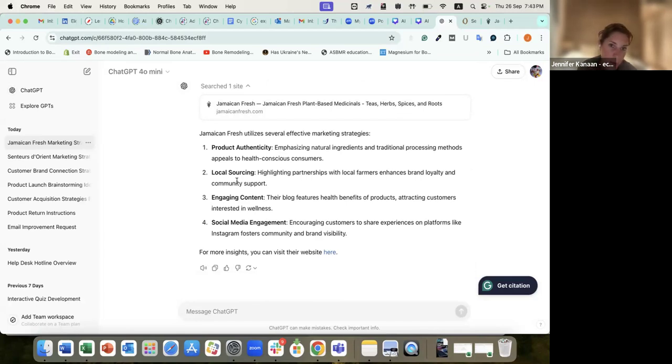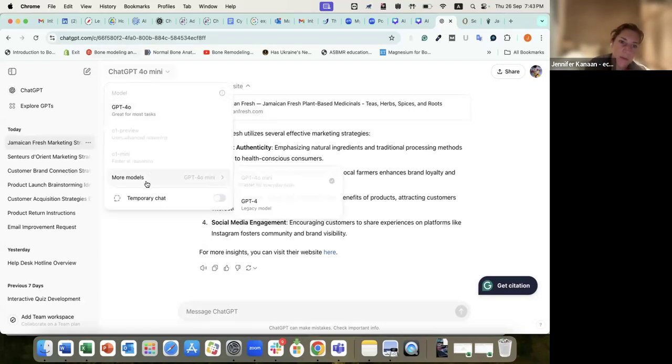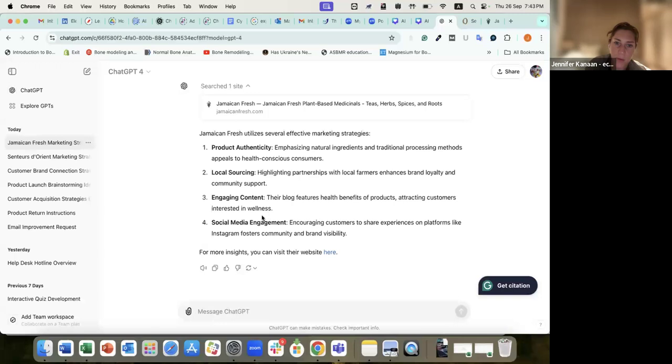Another thing I really recommend you to do is, I know that some businesses really do not like analytics. So if you can compile, for example, a report from either your Shopify or from your Google Analytics, download them and then upload them. I think you have a limit if you're using the free model.